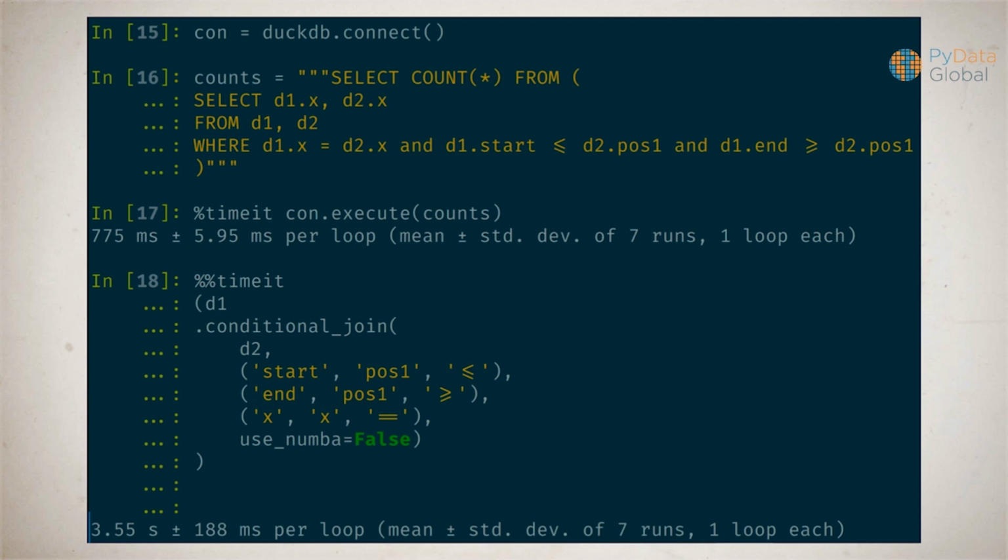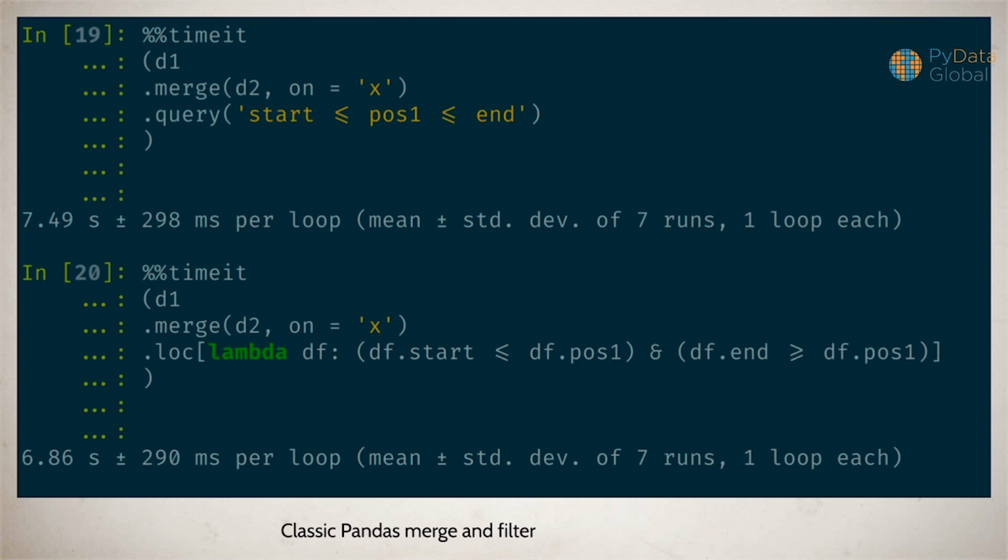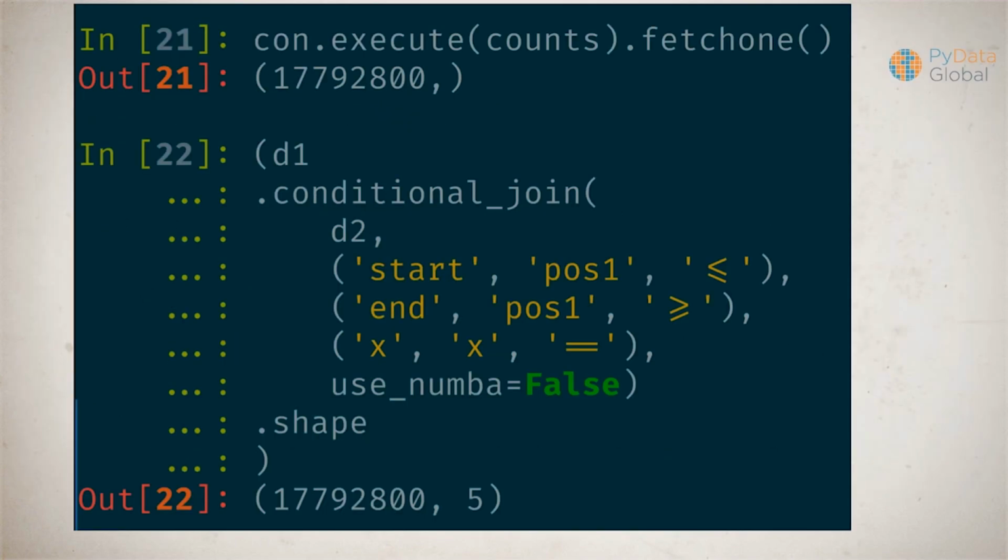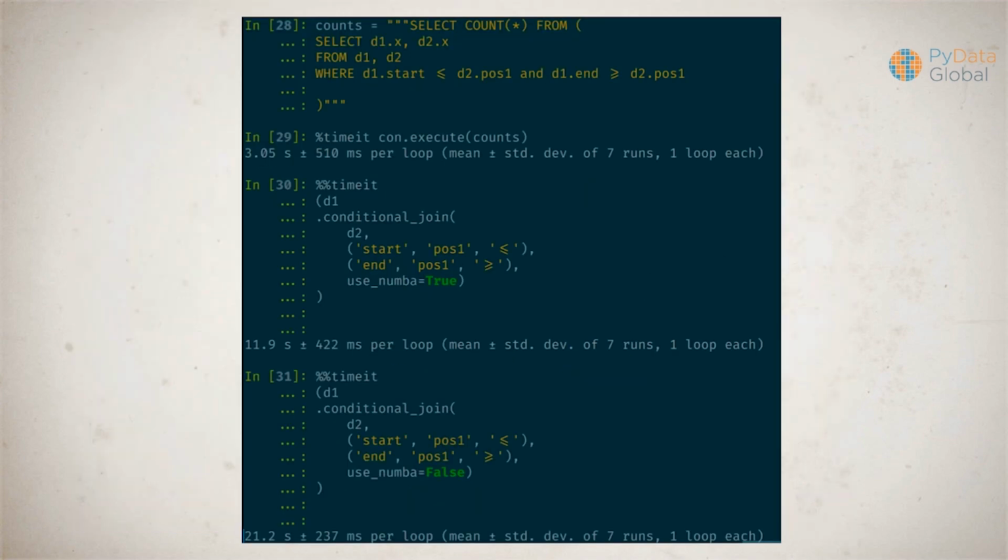If you run it with the classic Pandas merge and filter, you're hitting 7 seconds. So you can see that with the conditional join, you get some performance, and with DuckDB, you get even more. Check the row output: 17 million rows. This is just a row check to be sure things match.